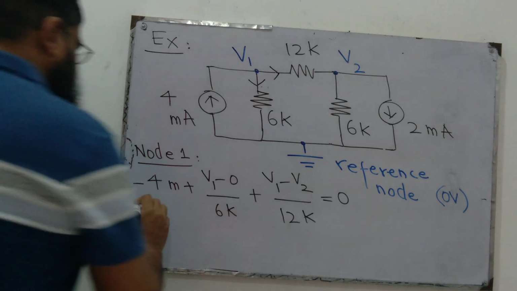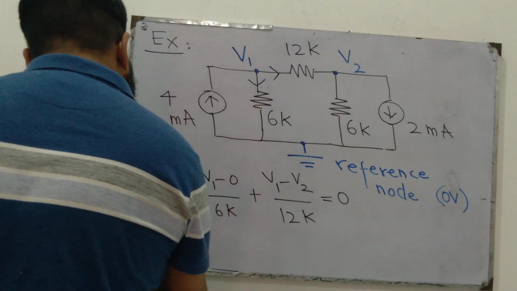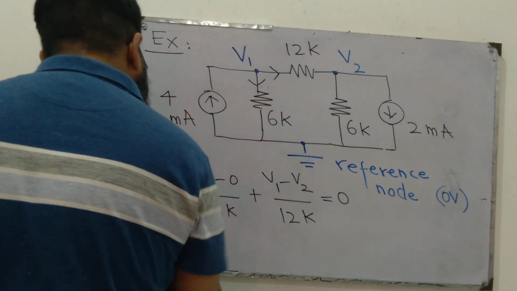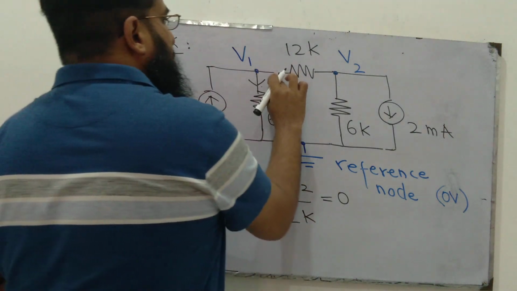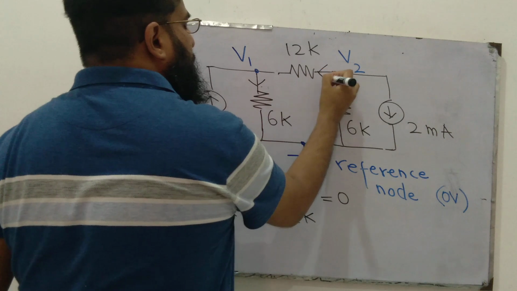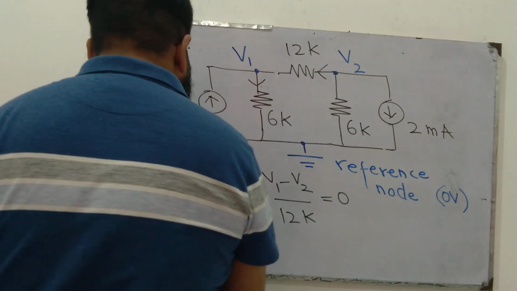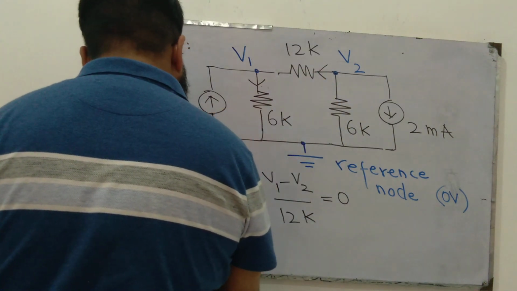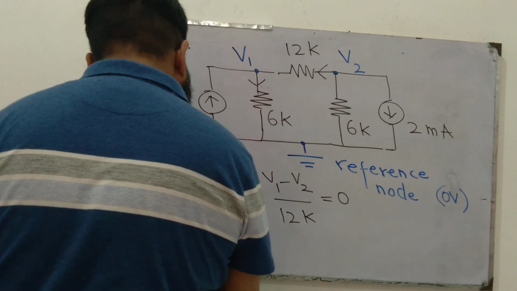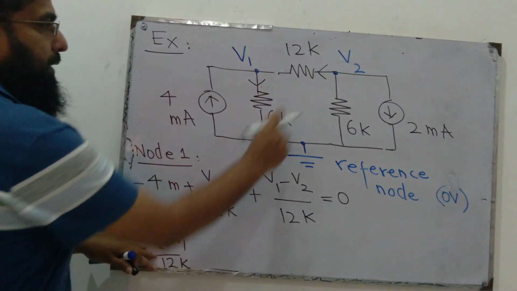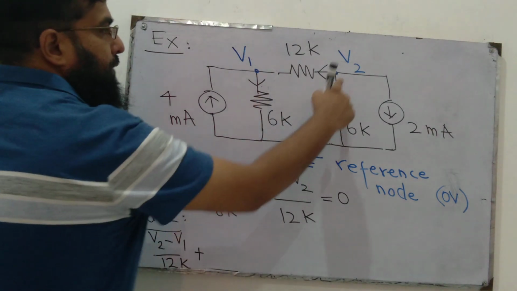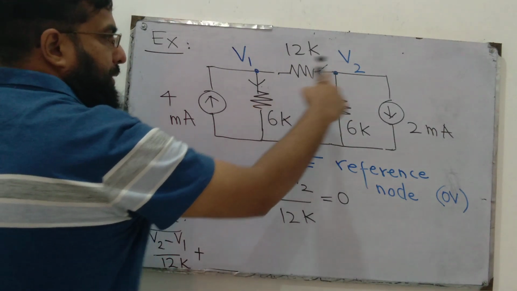For node 2, the equation is similar. Since we are writing the equation for node 2, we'll assume its voltage to be the highest. V2 minus V1 over 12K is the current flowing out of this node leftwards.